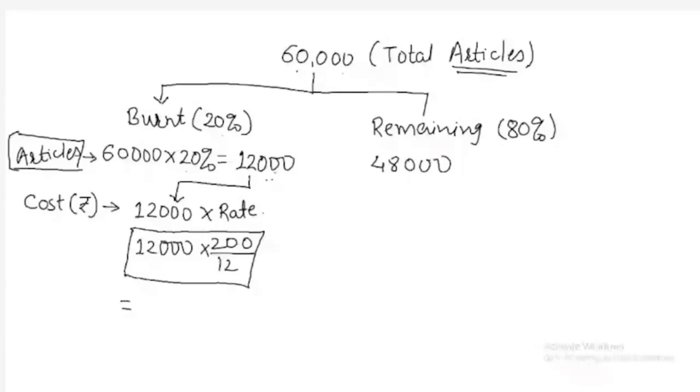12 ones are 12, so it will be 1,000. 1,000 into 200. 2 lakhs. Any doubt, anyone?